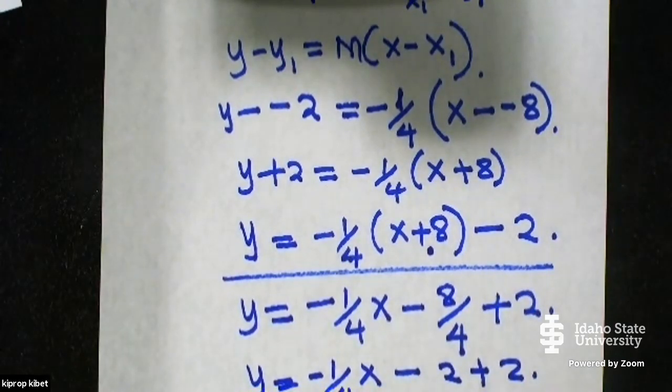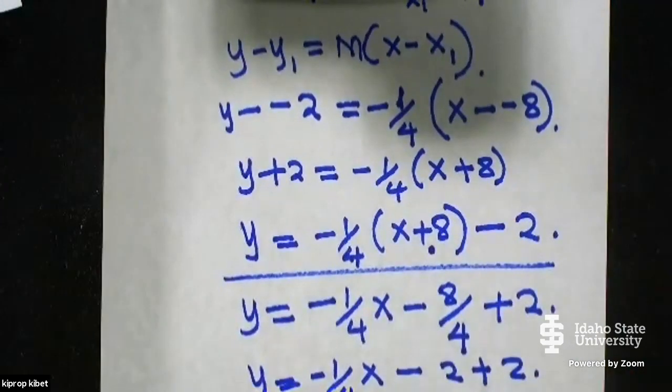So finally, what is our answer? y equals minus 1 over 4 x.